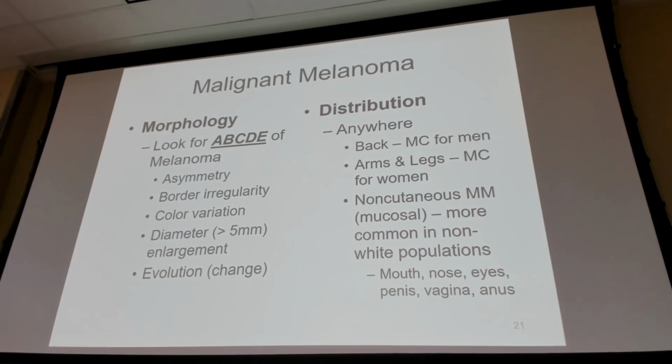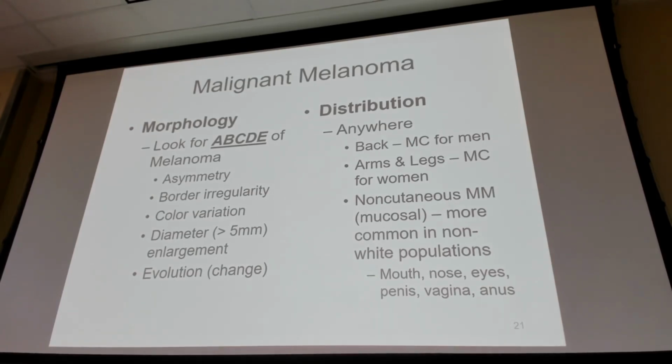The color variation, right? Light brown, dark brown, black, blue, there's just all of those different things. Diameter greater than 5 millimeters, enlargement, and evolution is that change. If they took a picture of it a year ago and now it looks way differently, well then what the hell is it doing?